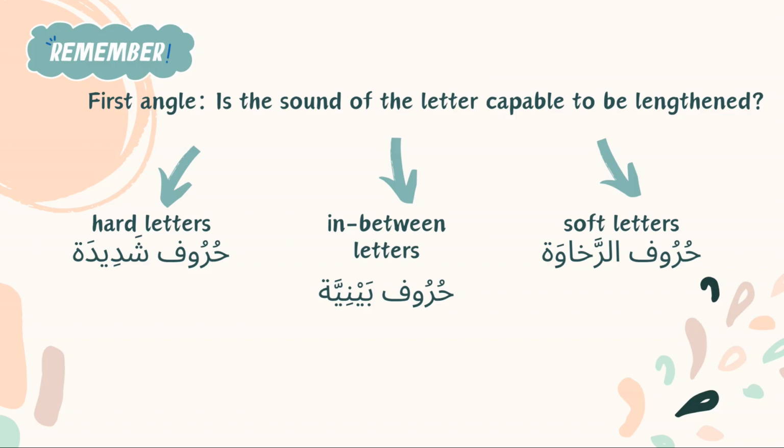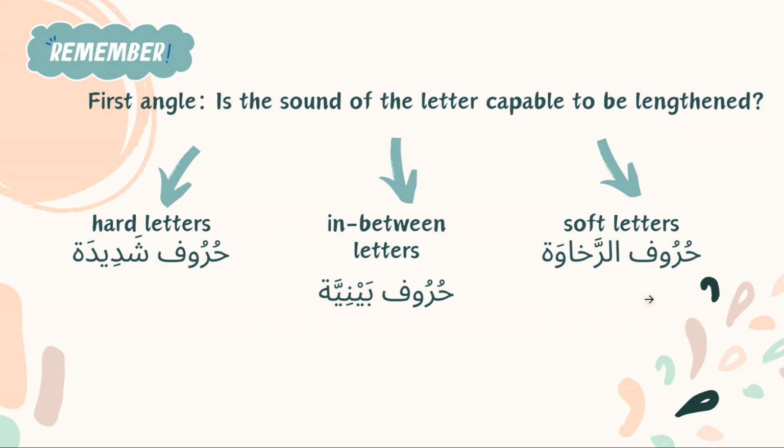The first group is those letters where the articulation point, the exit point, is closing so hard that it's not allowing at all any sound to pass through. And these letters are called hard letters, huruf shadida.